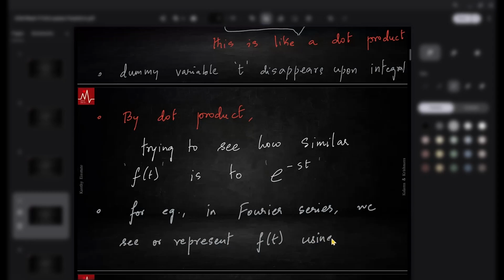So instead of sinusoids, we are using exponentials. I'm giving this so that you can make the connection. In a way, Laplace transform is a generalization of Fourier series or Fourier transform.